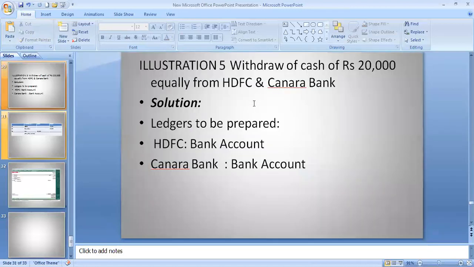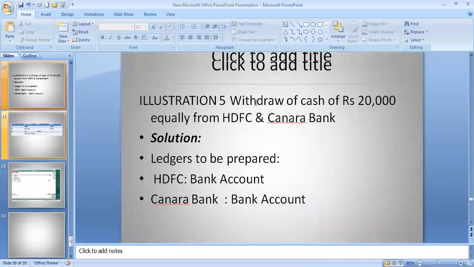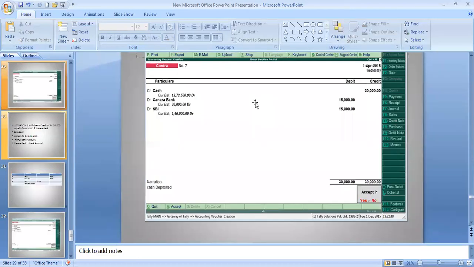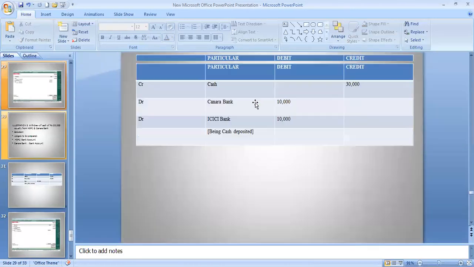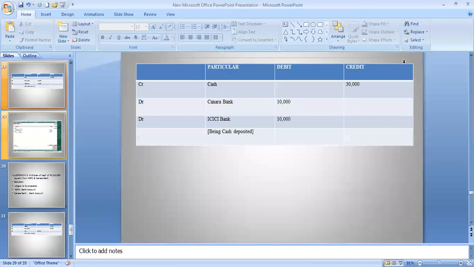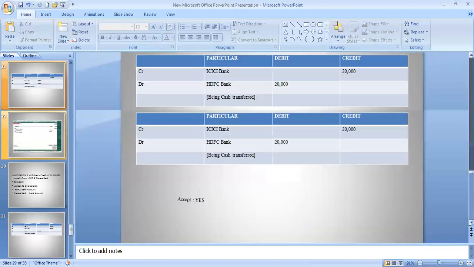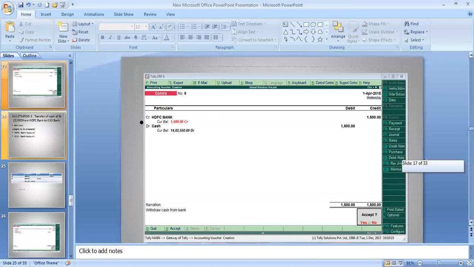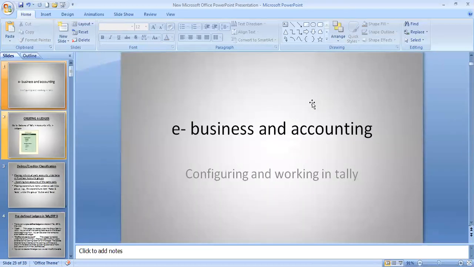I hope you will be practicing all the five problems, or the five illustrations, that we have discussed. Before moving on to voucher entry, make sure that you prepare the ledger transactions. Then go on with the voucher entry transactions. Okay.